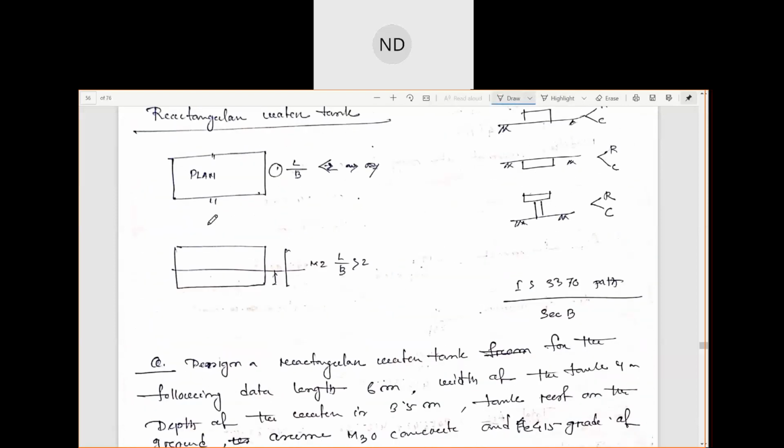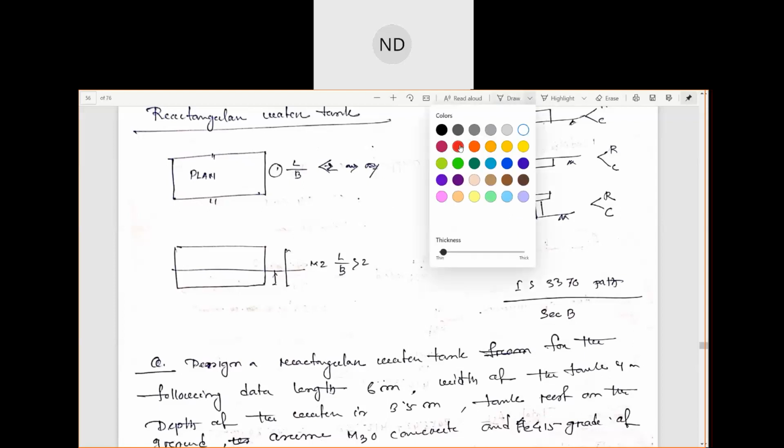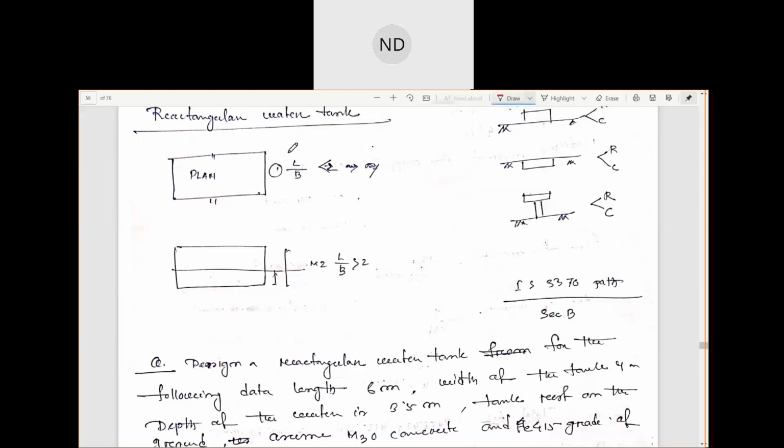If your L by B is less than 2, then we design the top as a continuous frame and the bottom as a cantilever.